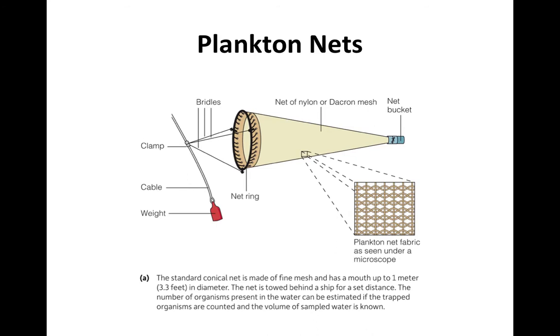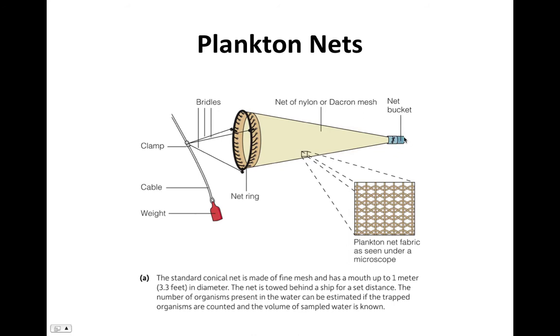And we study plankton in the ocean using what are called plankton nets, where, behind a boat, we drag these nets with a very fine mesh that allows water to pass through, but not plankton, and the plankton is funneled down into this bucket.